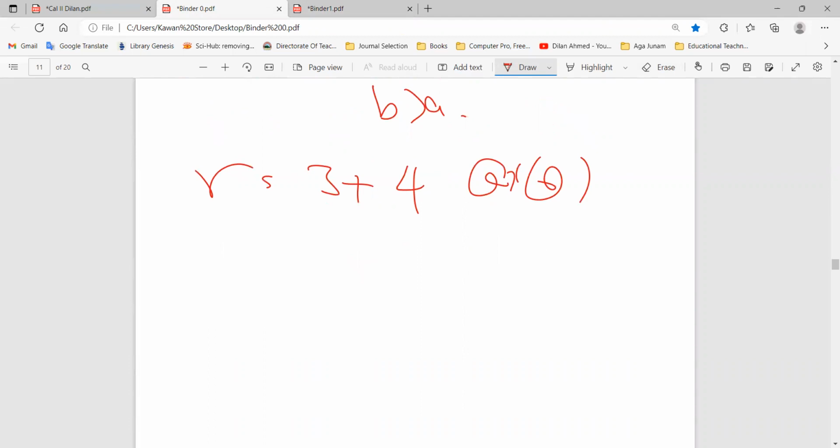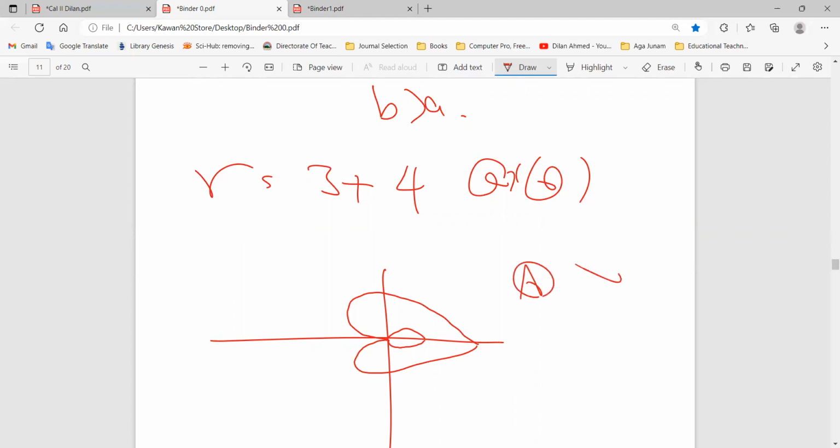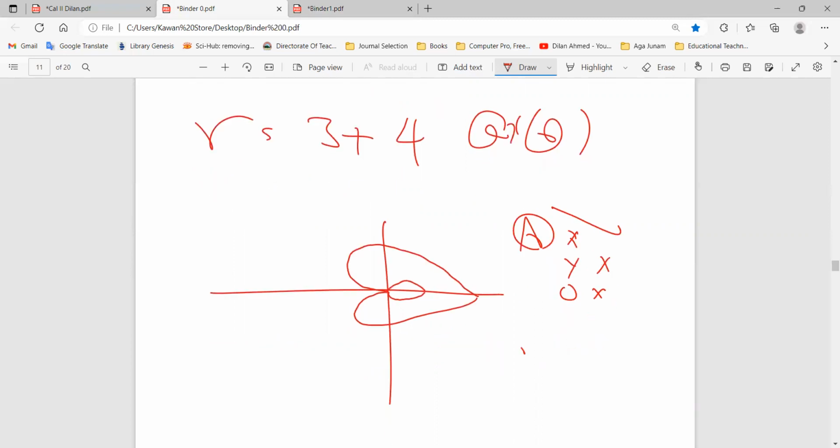As a shape the same, but we have a loop, inner loop. You got it? So symmetry about the x-axis, right? About y, about origin, no. Important points. Where's the important point? I don't know. You should tell me.